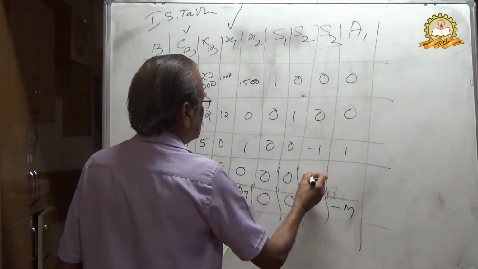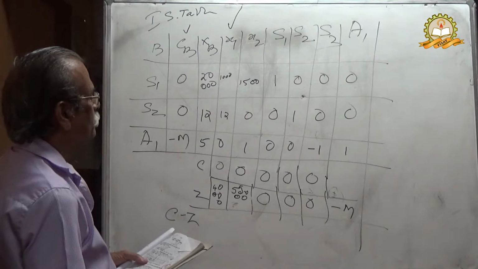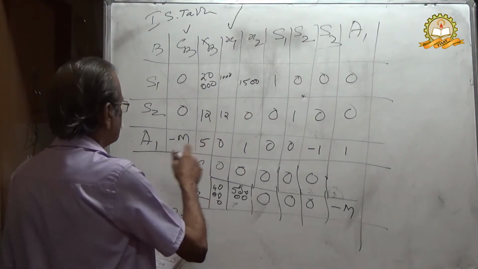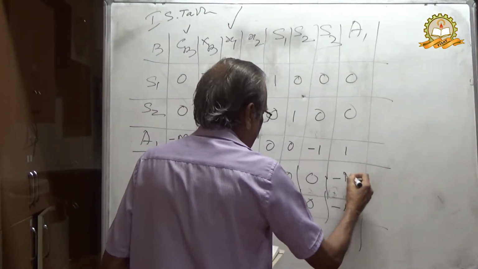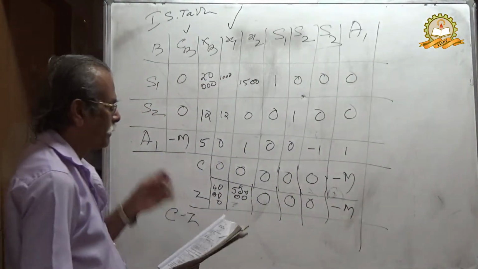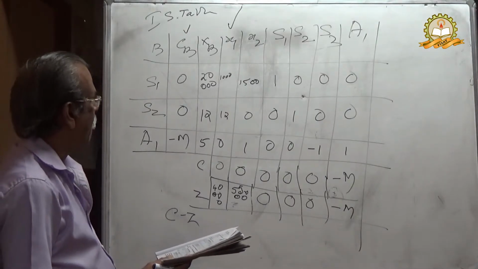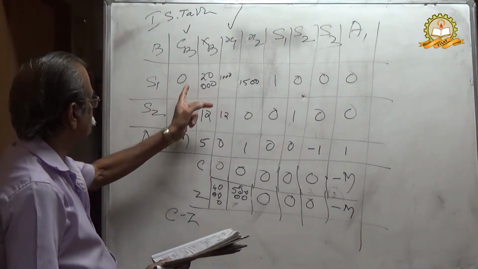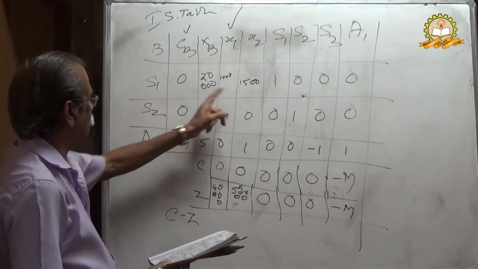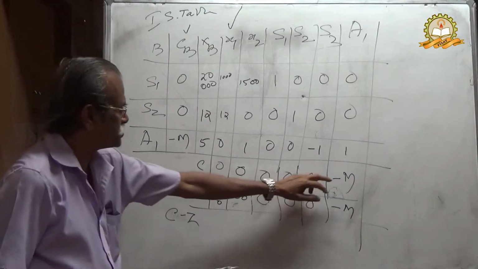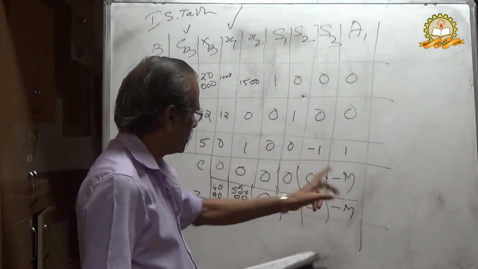This also 0, this also 0. And the last one you can just think of minus M into A1. The coefficient is 1, therefore minus M. Therefore 0 into this, 0 into this is 0. Next x2 will be 0 into this plus. Therefore, except for A1 you can see minus M.